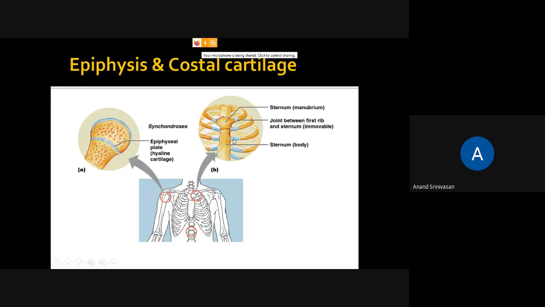So how does it help in slight movement? For example, when we take a deep breath, our thoracic cage will expand. Our thorax expands, so the ribs move a little bit. So the costal cartilages help in this movement. Very slight movement.